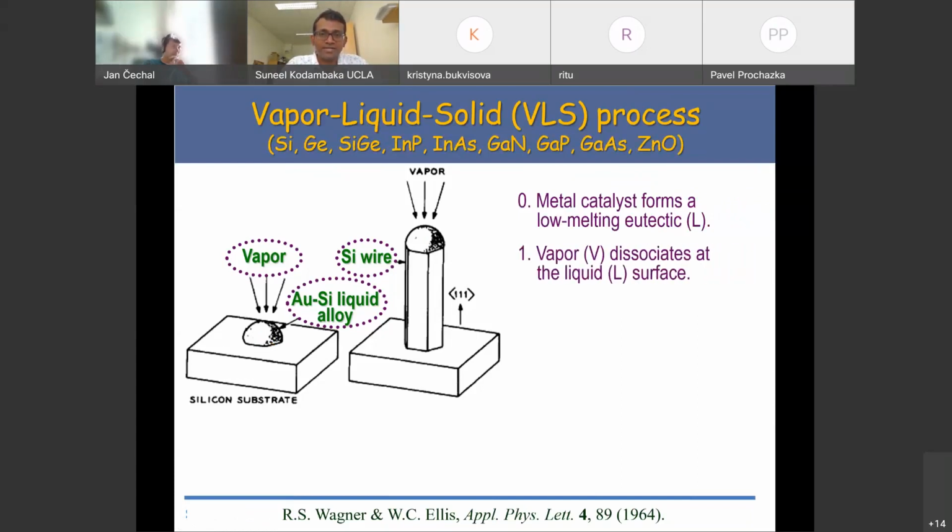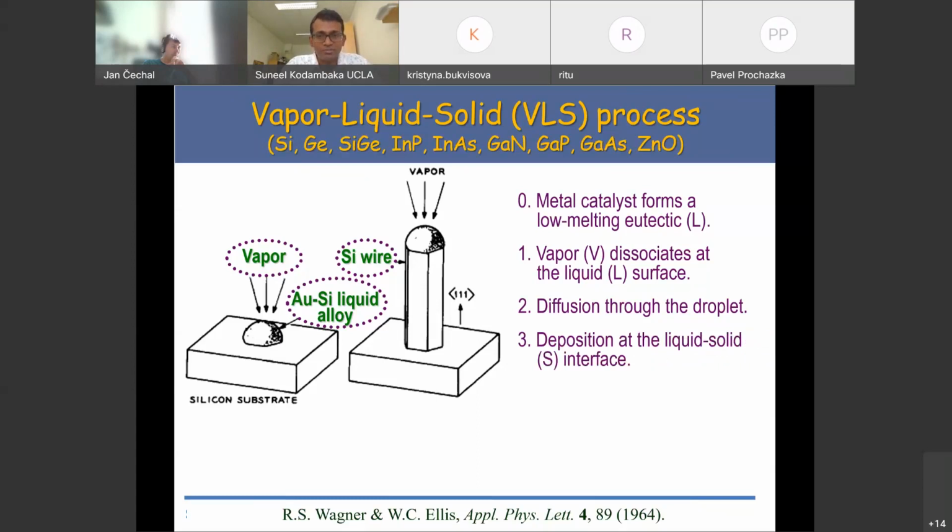Under the right conditions, this incoming material alloys with the metal of interest and forms a liquid. And this liquid acts as the preferential sink for the depositing material, which can then diffuse through the droplet, or at the droplet, around the droplet, and gets deposited under the droplet.